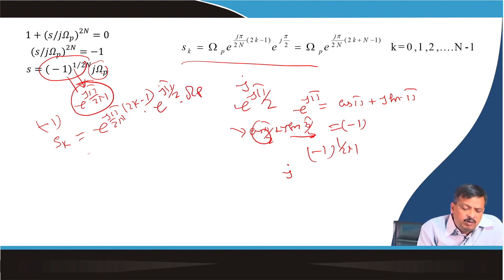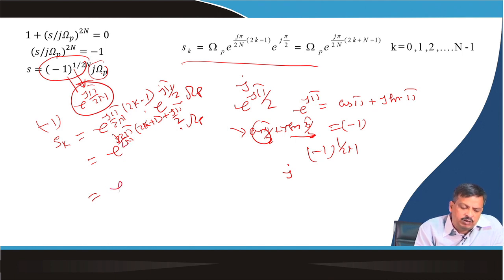Now if I add this, e to the power j 2 pi by n into 2k plus 1 plus j pi by 2 into omega p. If I take out e to the power j pi by 2n, it is nothing but 2k minus 1 and this plus is n.